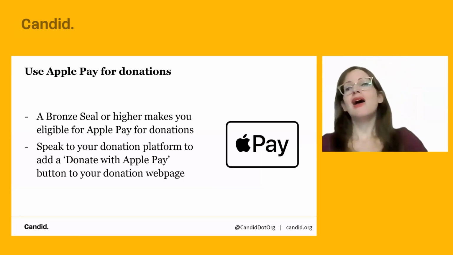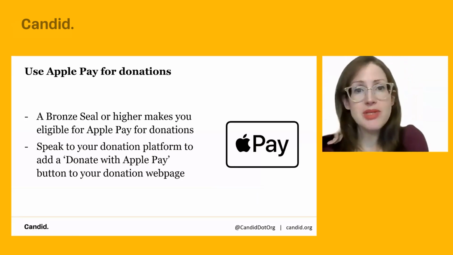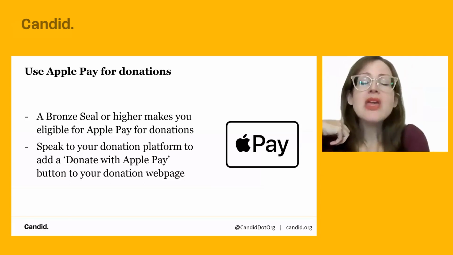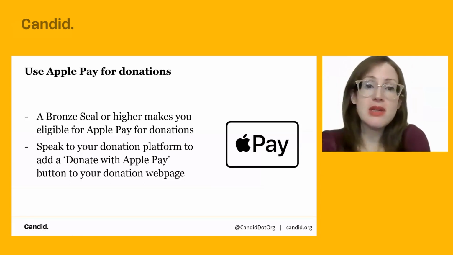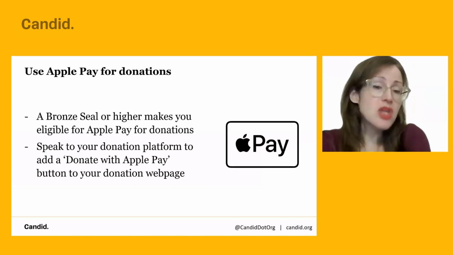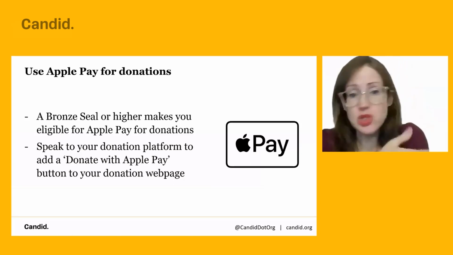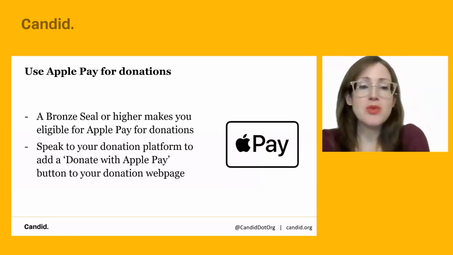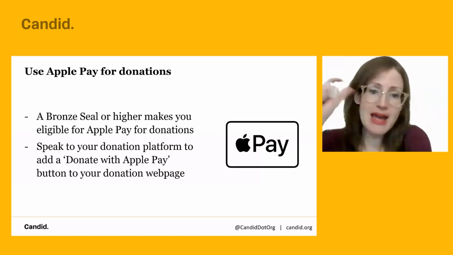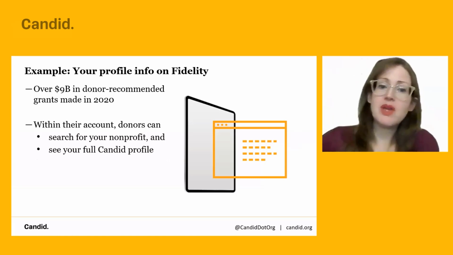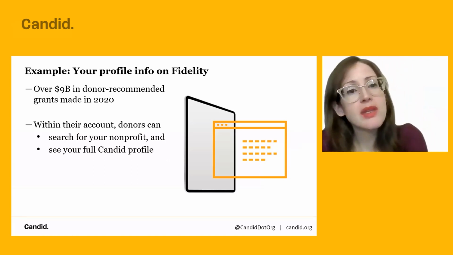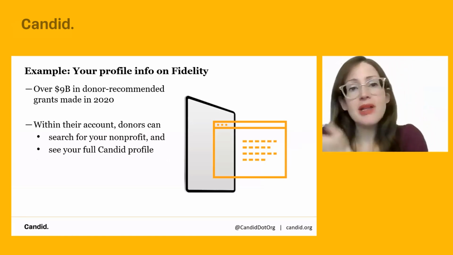Apple Pay. Another way in which companies are using this information. If you obtain a bronze seal of transparency or higher, you become eligible if you want to use Apple Pay for your donations. So if you're interested, you can connect with your donation platform to add a donate with Apple Pay button onto your website. That is available for you. Fidelity Charitable here.